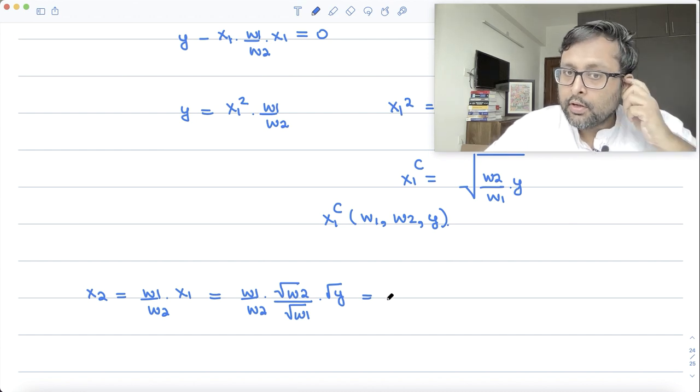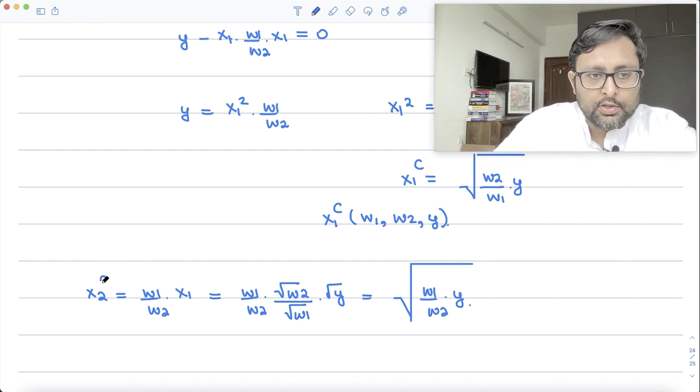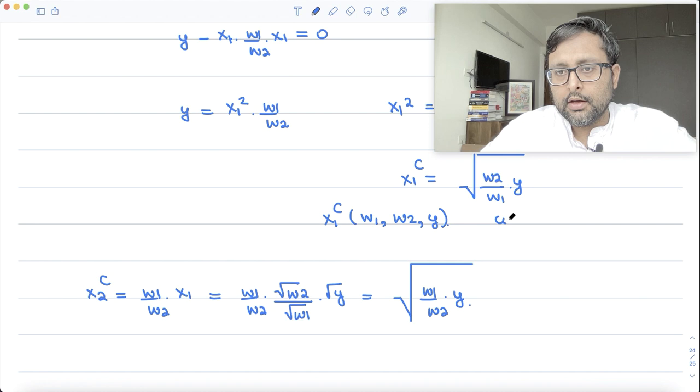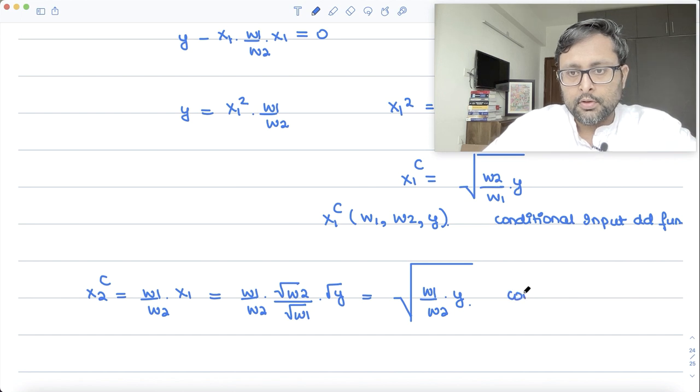So this will come out to be W1 by W2 y, root of that. So this is also the conditional input demand. It is conditioned upon the fact that you have to produce this much output. This is the conditional input demand function.